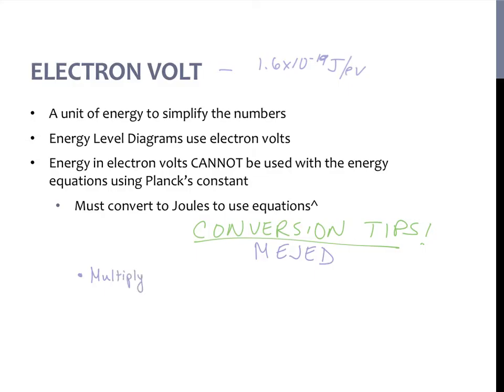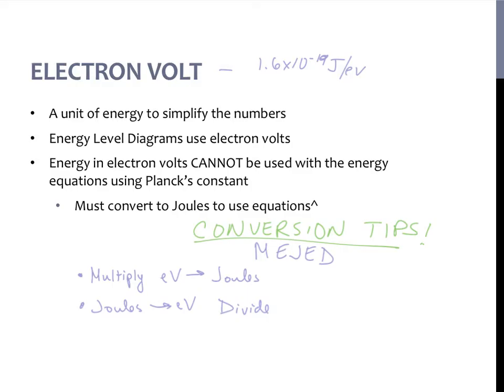Gotta multiply by the number to go from electron volts to joules. And then going from joules to electron volts, you divide by the same number. Okay, so what I mean by number, I mean this. This is also on the reference table.